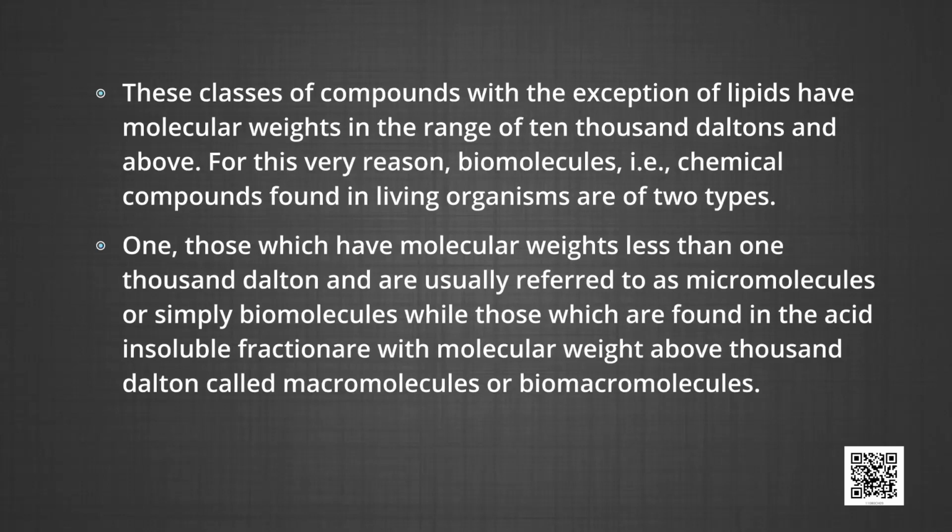One, those which have molecular weight less than 1000 daltons and are usually referred to as micromolecules or simply biomolecules, while those which are found in the acid insoluble fraction with molecular weight above 10,000 daltons are called biomacromolecules. So, basically two divisions: those having molecular weight less than 1000 and those having above 1000.